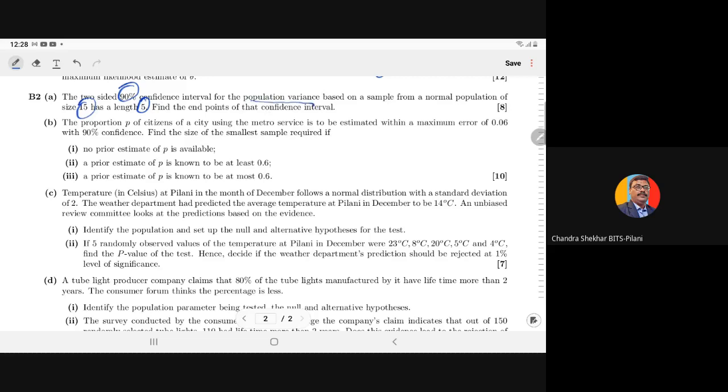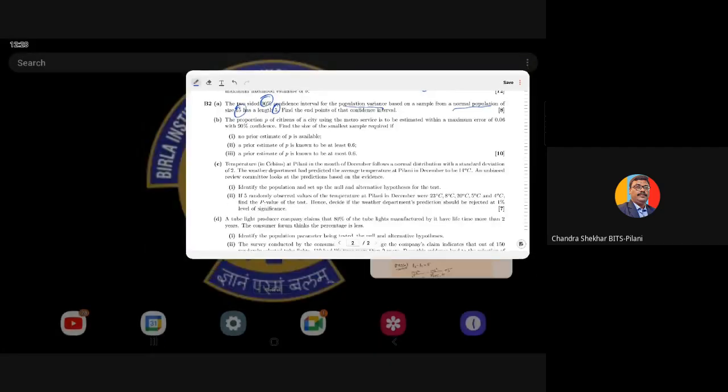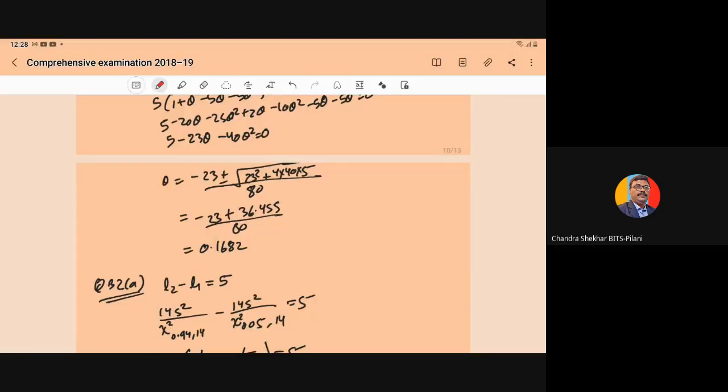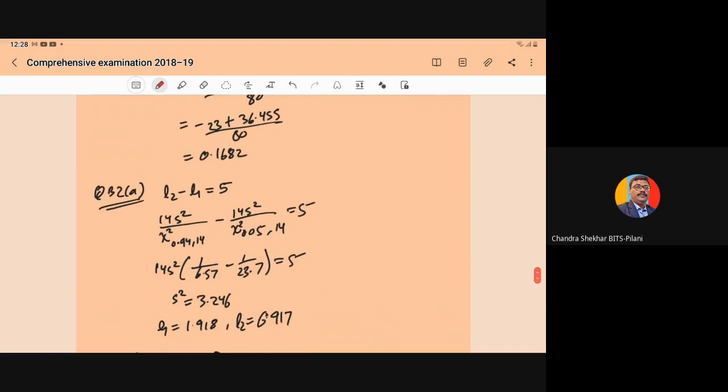You are drawing the sample from a normal population. So when we have this kind of question, when sigma is unknown, the confidence interval is given by... here the range is given to you as 5, meaning the upper limit minus the lower limit, L2 minus L1, is given to you as 5.